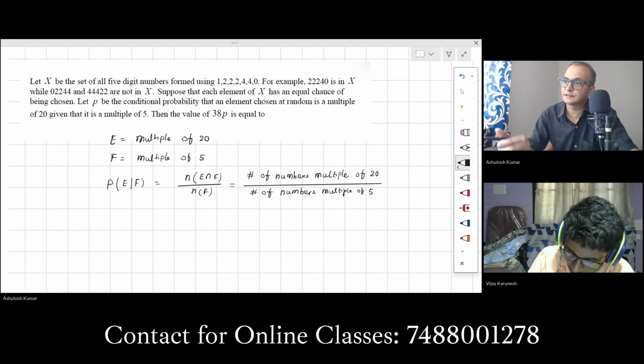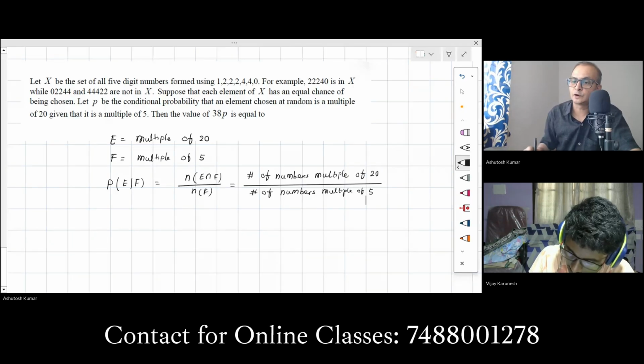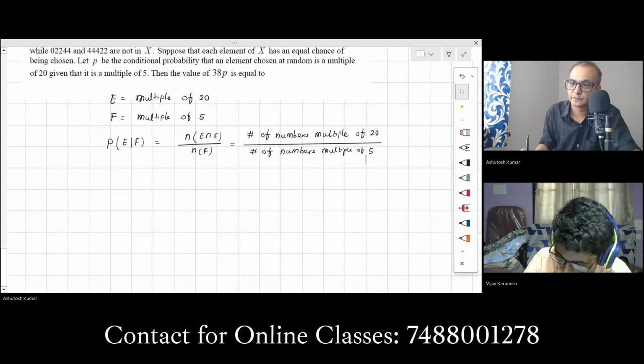And in the denominator, the number of numbers that are multiples of 5. We have to find all the numbers that are multiples of 5, and out of that find which are multiples of 20.